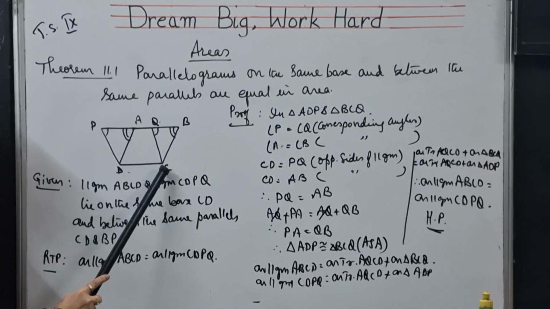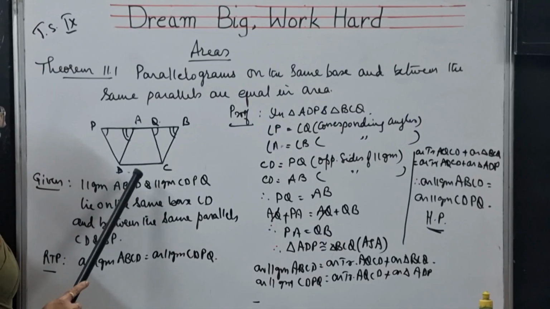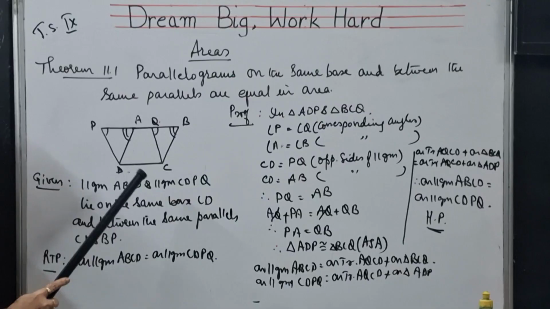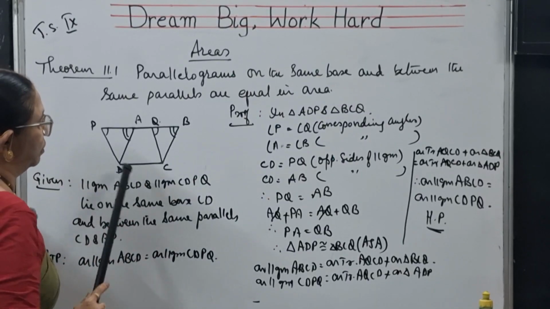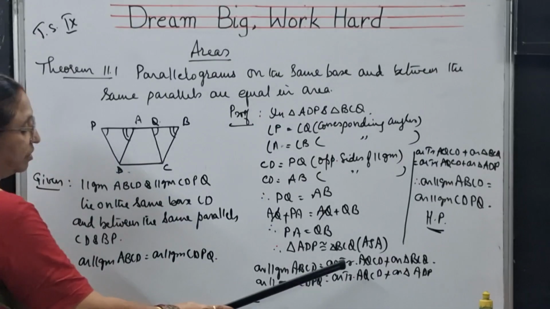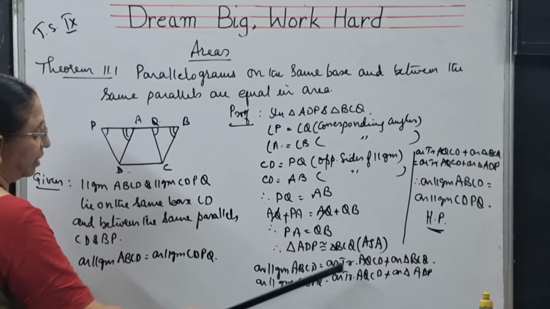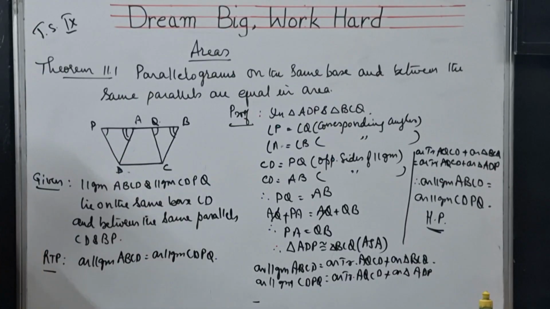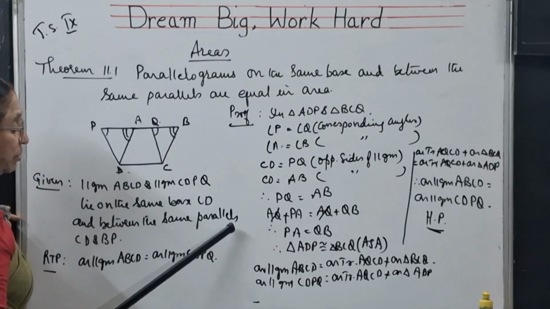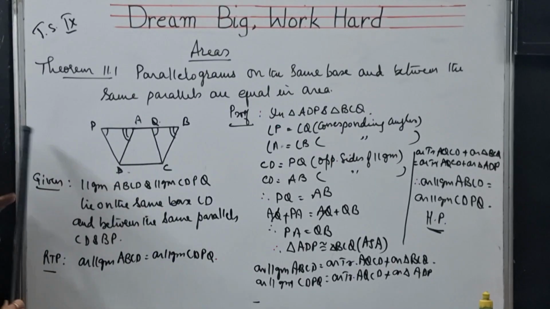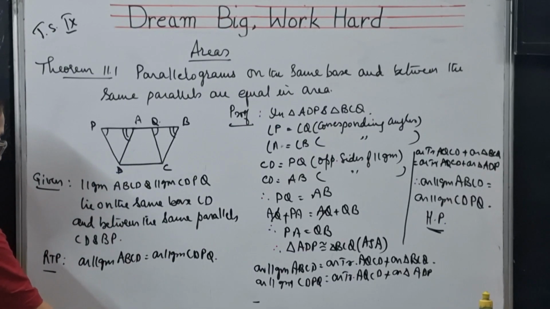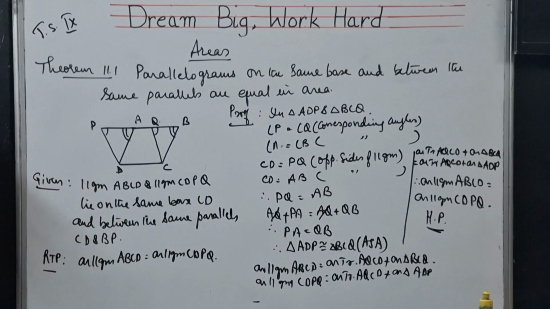And also area of parallelogram CDPQ is nothing but area of trapezium AQCD plus area of triangle ADP. We know that trapezium is common for both and these two triangles are having equal area. That means these two RHS are equal. When these are equal, LHS will be equal. So area of parallelogram ABCD is equal to area of parallelogram CDPQ. That means parallelograms lying on the same base and in between the same parallels are always equal in area. Please note it down.